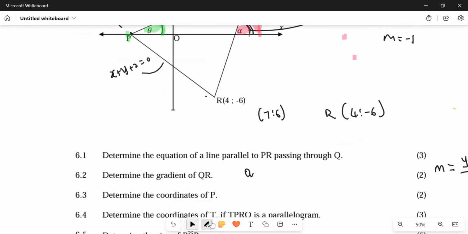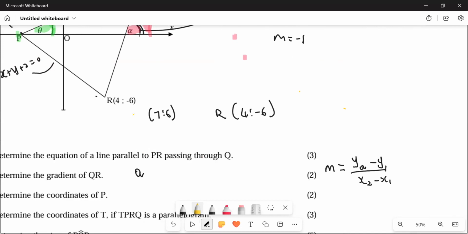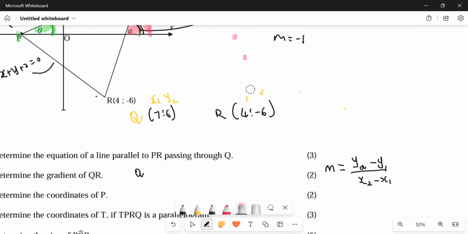Okay. So if we do this one alphabetically, we said this one is Q, this one is R. If we do it alphabetically, we say PQR. So we can say this one is X1, this one is Y1, X2, Y2. What is Y2? What did you get as a Y2? What did we write? It's minus 6.